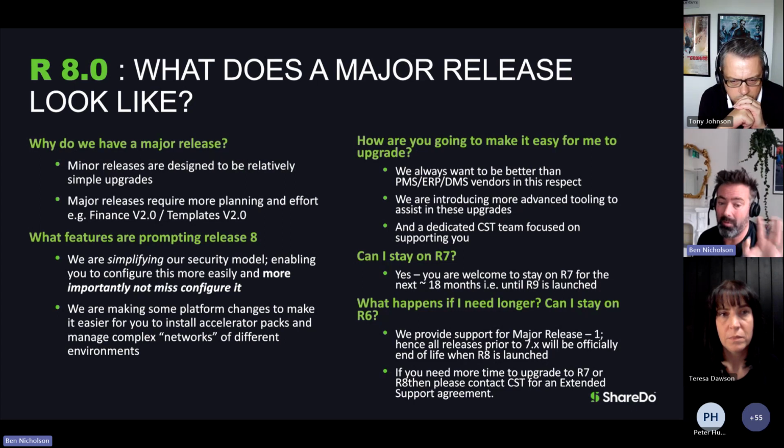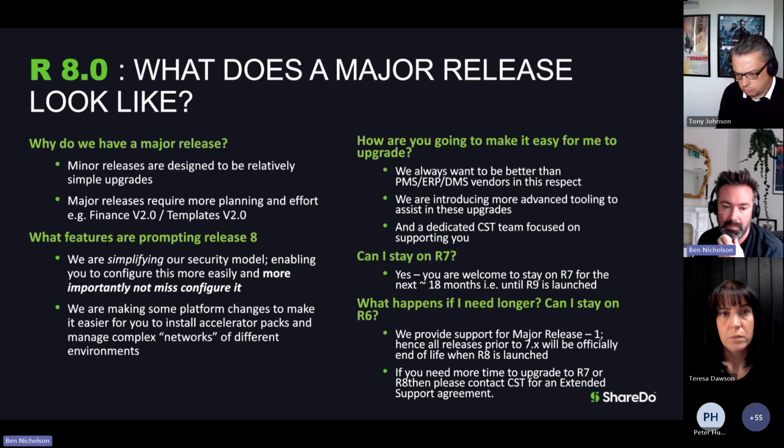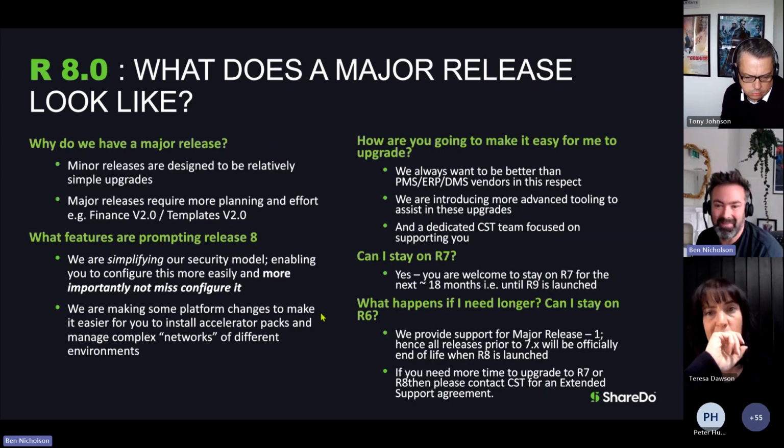We are going to support you, though there are limitations to what we can support the older the application gets. But we are going to try never to be like a PMS, an ERP, or a DMS vendor, which makes these major upgrades prohibitively costly. That's our intention. A lot of stuff there. I'm running out of time. Any questions?